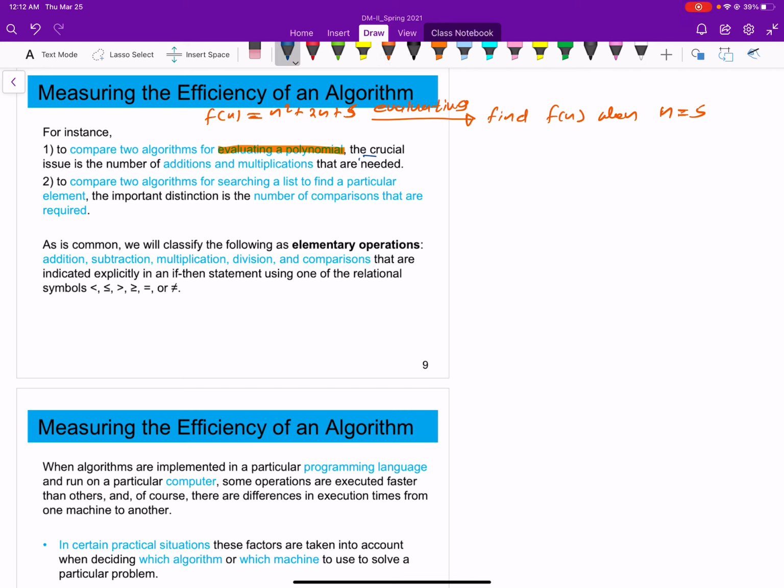In evaluating a polynomial, the crucial issue is the number of additions and multiplications.